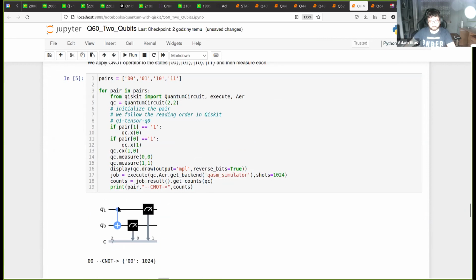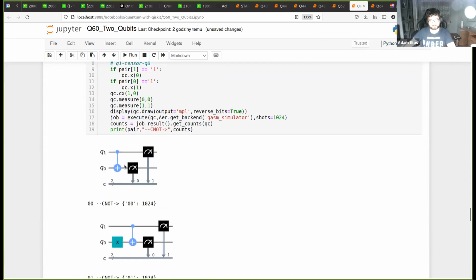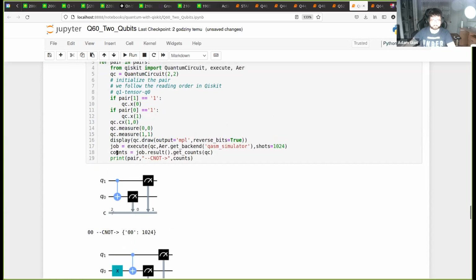Dot is always a control, and this plus is a target qubit. Sorry, because it's reversed, that's why I was confused. So this is a control, this is a target. Because this is 1, so it's Q1, and this is 0, so it's Q0.